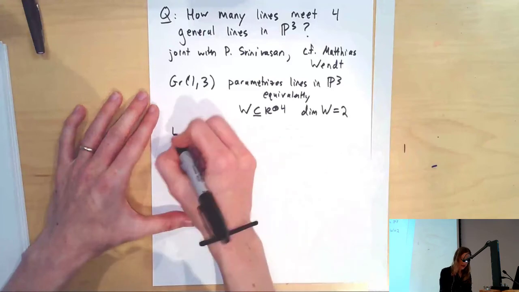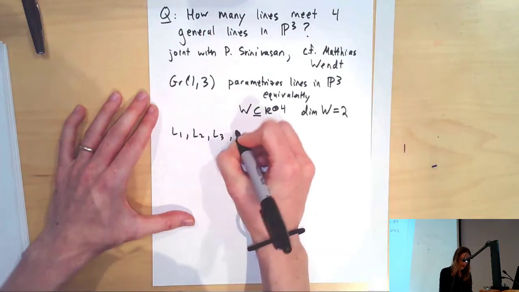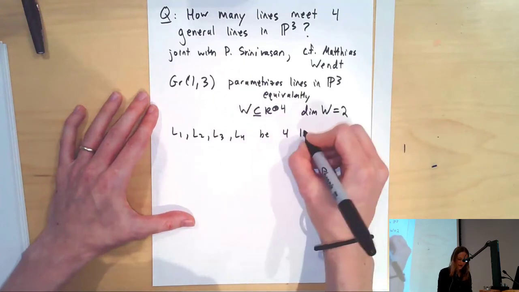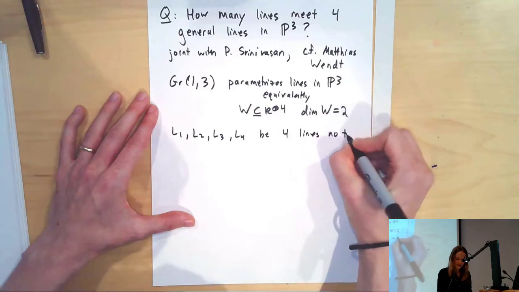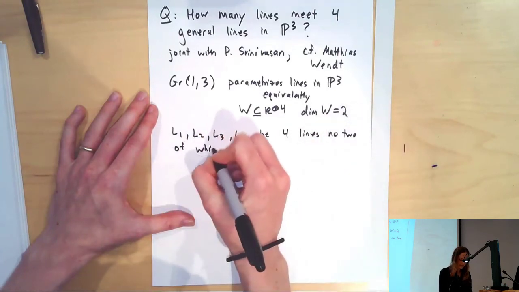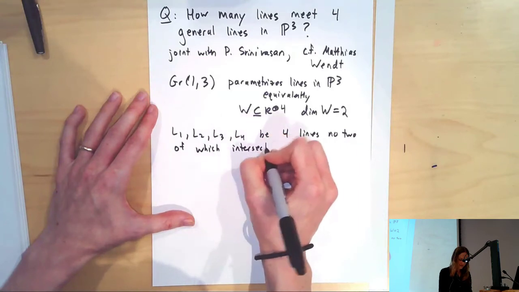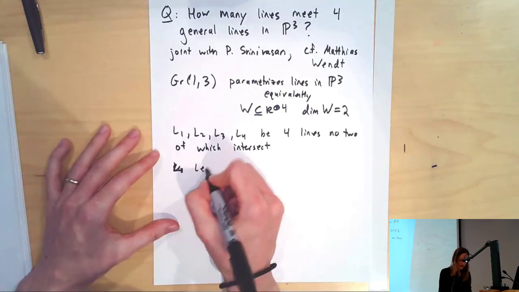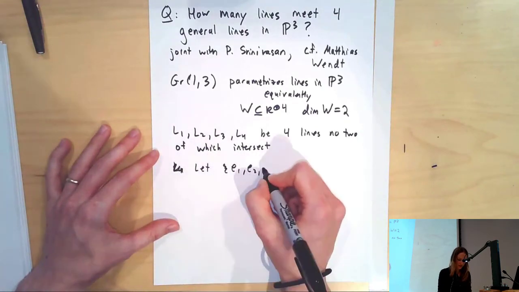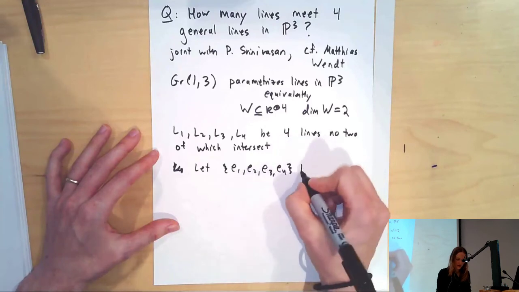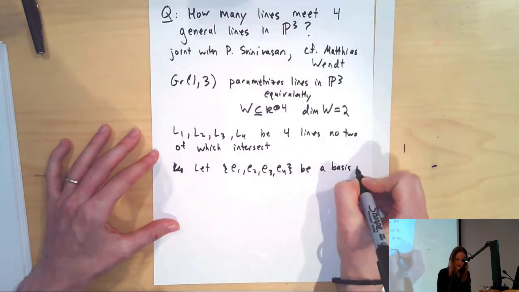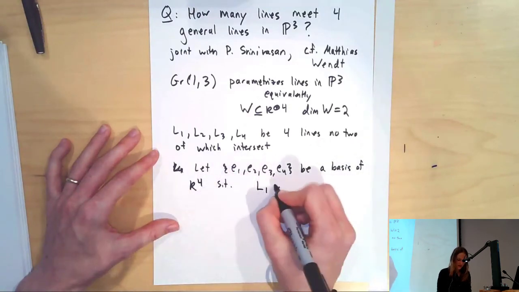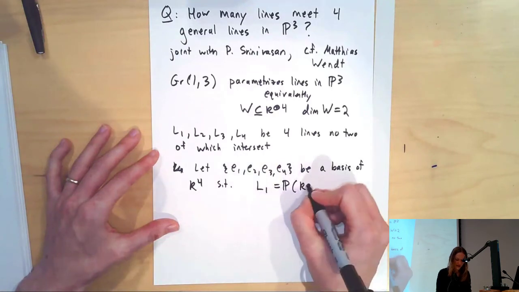So let's let L1, L2, L3, L4 be four lines, no two of which intersect. Let's let E1, E2, E3, E4 be a basis of K4 such that the line L1 is the projectivization of the span of E3 and E4.